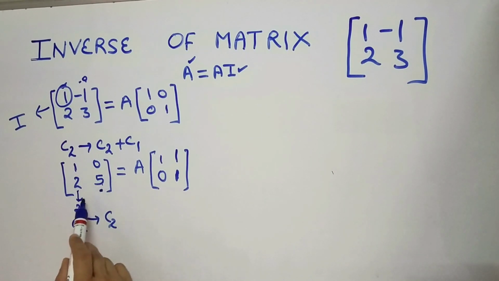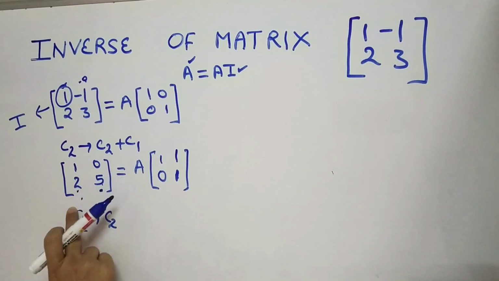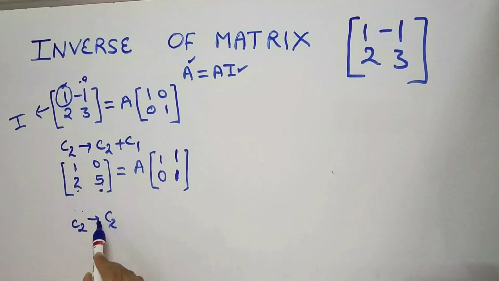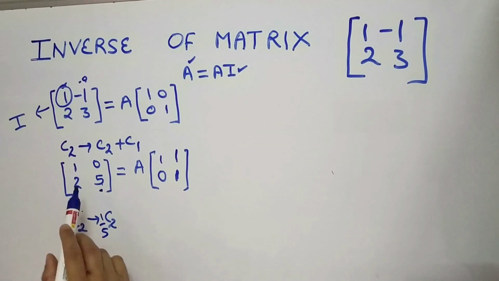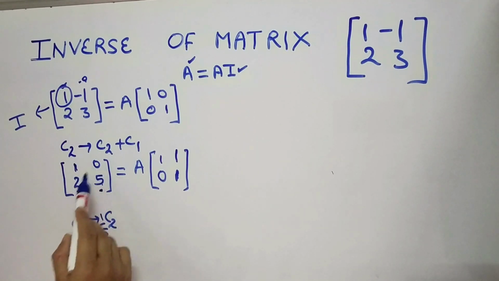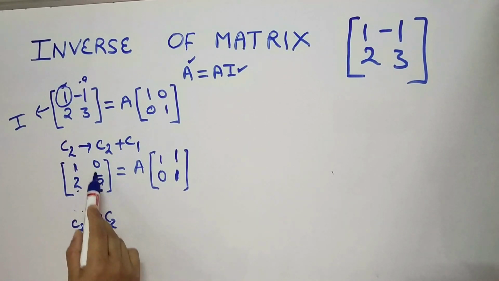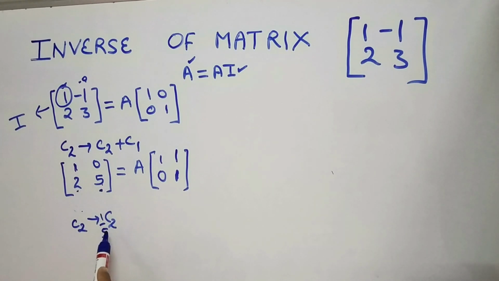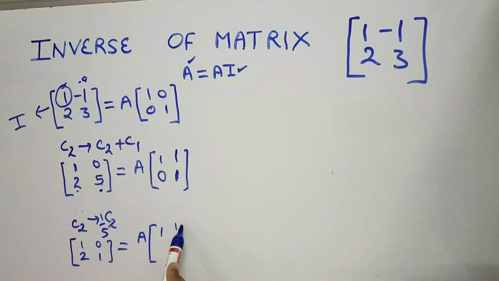Here we need 1, so you can divide C2 by 5. If I do anything with C2 and C1, this 1 will again come here, so it's better to divide C2 by 5. So it will be 1, 2, 0 and 1. And on the right it will be 0, 1 by 5, 0, 1 by 5. So this will be our change.